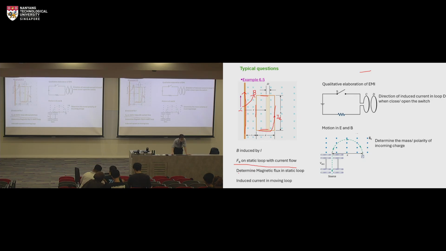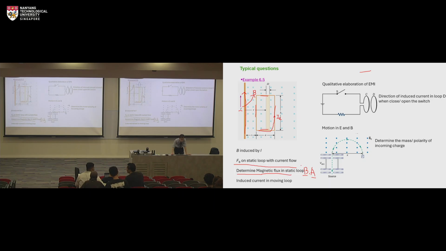For each side, how do you determine the FB? And we can also ask you to determine the magnetic flux through the loop. So that is B times A, right? Of course, whether you can apply this B times A directly to figure out the total flux will depend on whether both B and A are uniform.